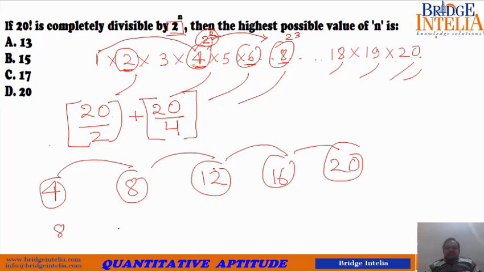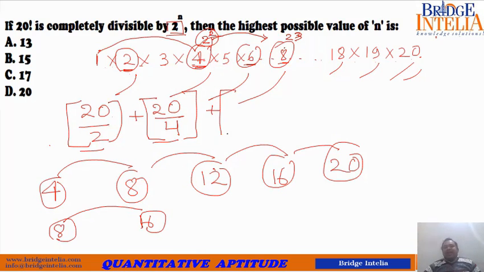But now look, again a mistake is committed, because from 8 I have collected 2 powers in 2 rounds, but 8 actually contains 3 powers. So I have to go for the third time. The third time my focus is on multiples of 8, because from multiples of 8, I am expecting more powers which I have forgotten to pick.